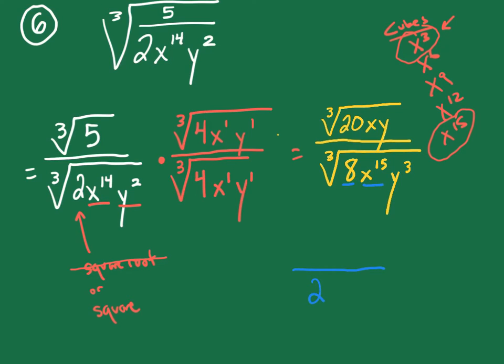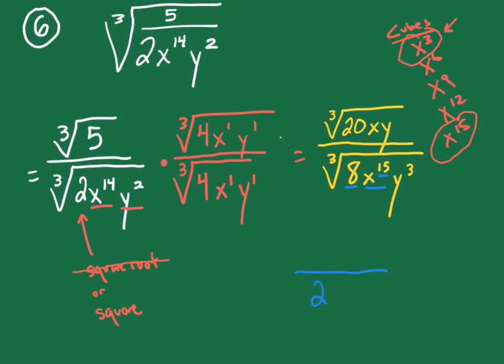When we take out the x to the 15th, remember you're going to divide the 15 by 3. So we've got x to the 5th now. And with the y, you're going to take the 3 divided by the 3. So you've got y to the first. You don't need to write the 1. On top, cube root of 20xy.